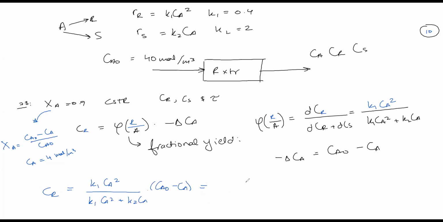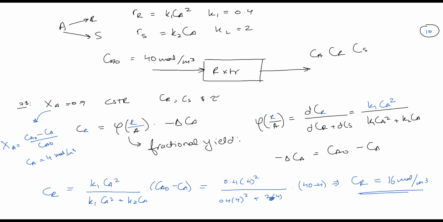I have all the parameters, so K1 is 0.4, CA squared is 4 squared, plus K2, which is 2 into 4, multiplied by 40 minus 4. You do this calculation, you're going to get CR equal to 16 moles per meter cubed. So I think we got everything this problem is asking for.